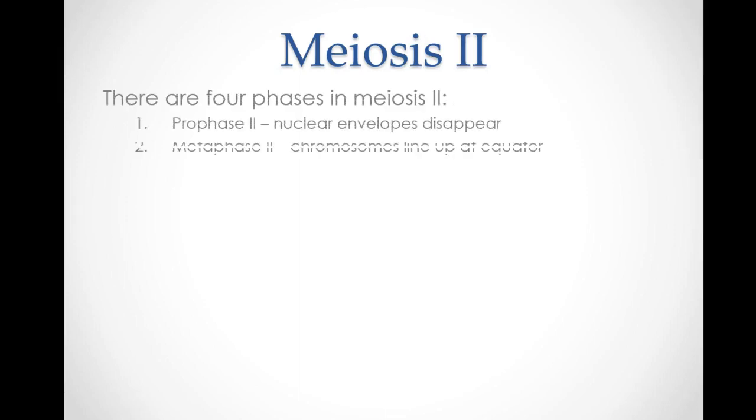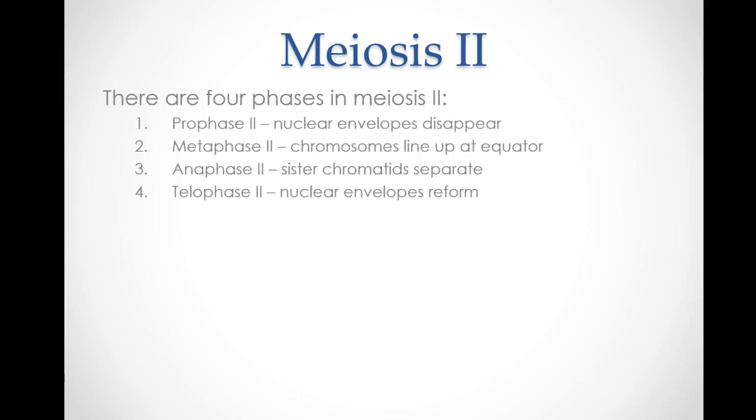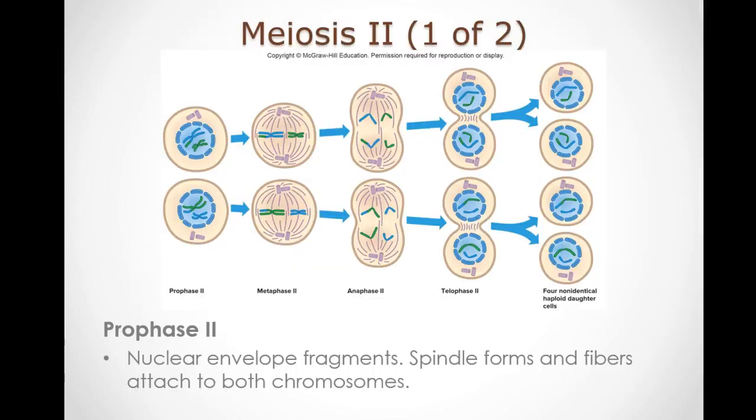Meiosis 2, hey, look, same thing: prophase, metaphase, anaphase, telophase. This time, we're taking those two cells that just came out of meiosis 1, and we're going to put those through meiosis 2. And again, for all intents and purposes, meiosis 2 is identical to mitosis. Same thing happens in prophase with the nuclear envelope disappearing, and in metaphase we have those sister chromatids, right?